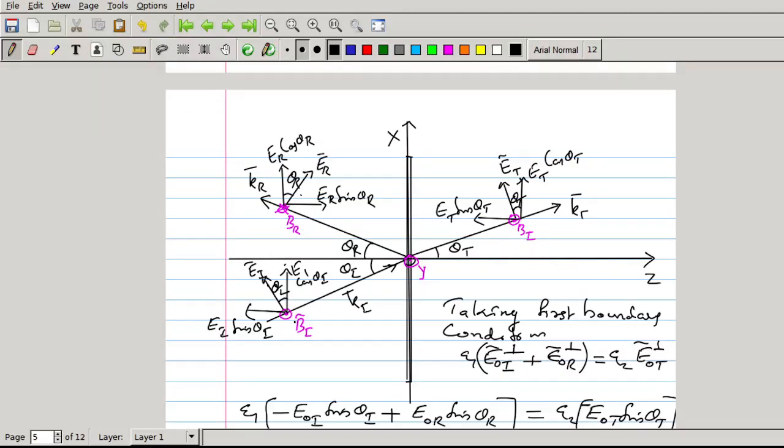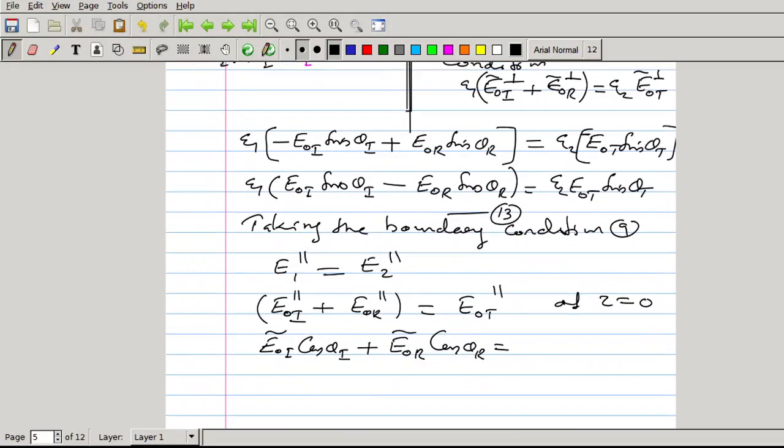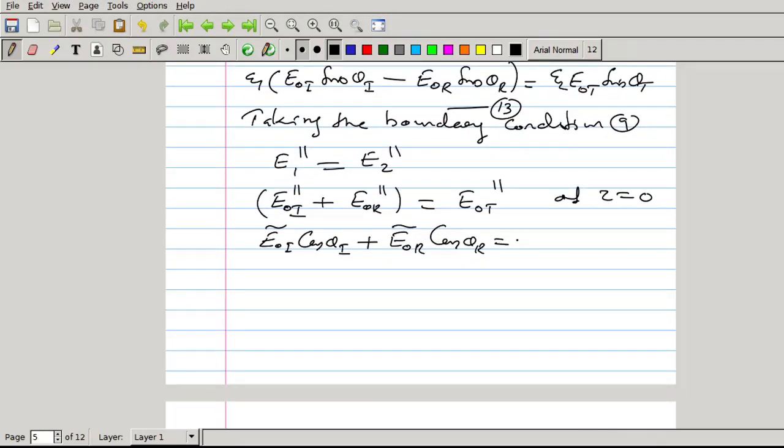So this will be equal to E0T cos theta T. This equation I am taking as equation 14.